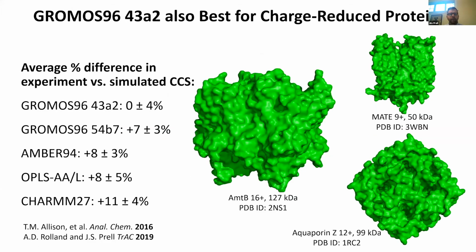We applied this method as well to look at results from the literature for charge-reduced proteins as well as membrane proteins, and we found essentially the same ordering and type of performance, again with the Gromos 43A2 force field getting within 0 plus or minus 4% of the experimental values.